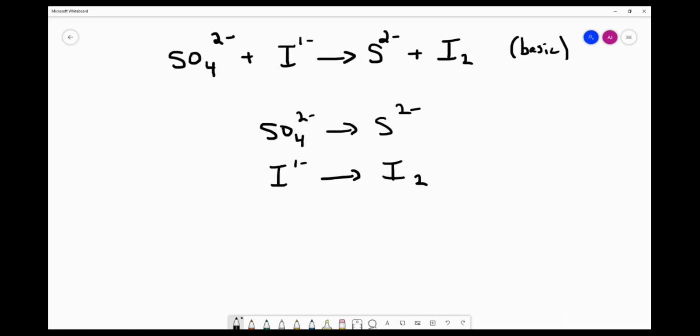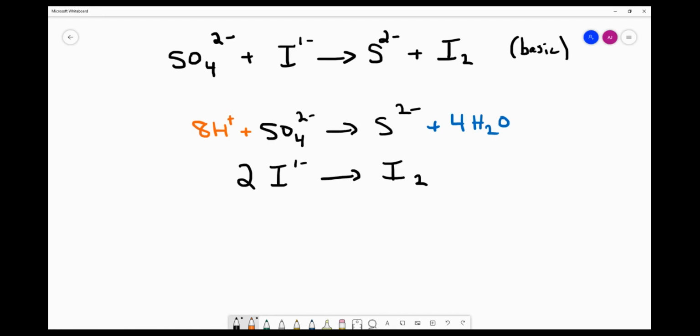Here are my two half-cell reactions. I'll first balance the iodines, and then I'm going to add water molecules, and then I'm going to add hydrogen ions. At this point is where our process is going to differ because we need to have an excess of hydroxide ions and not hydrogen ions.